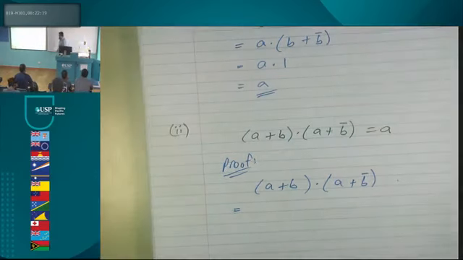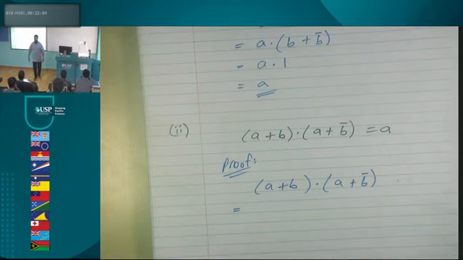One pathway is to expand out, A and A, B and A, A and B bar, B and B bar, like we would do in rudimentary mathematics. But in Boolean algebra, we will use a theorem. Which theorem do you want to use, guys?